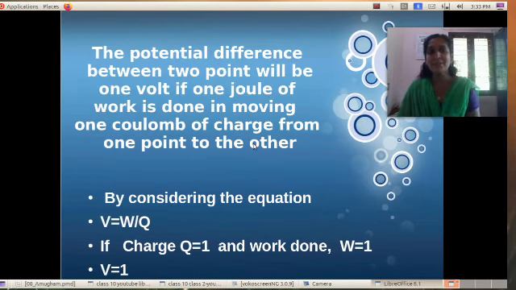The potential difference between 2 points will be 1 volt if work done is equal to 1 and the charge Q is equal to 1.